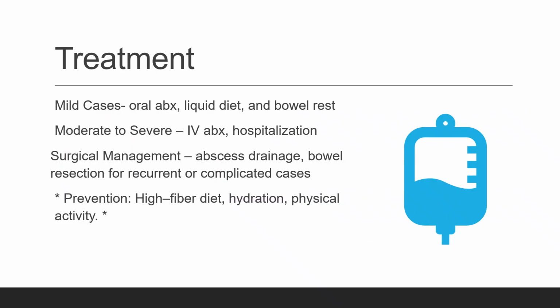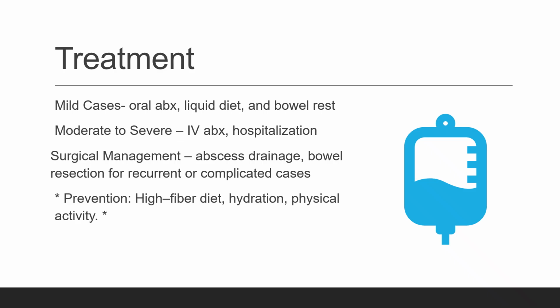The treatment of diverticulitis depends on the severity of the episode. Mild cases are often managed with oral antibiotics and a temporary liquid diet with rest. For moderate to severe cases, patients typically require hospitalization, IV antibiotics, and close monitoring.